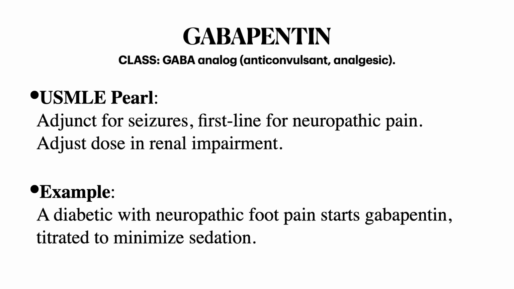The USMLE pearl for this drug is that we use it as an adjunct for seizures, and also as first line for neuropathic pain like trigeminal neuralgia, and we have to adjust the dose in renal impairment. The example case is a diabetic with neuropathic foot pain who starts gabapentin, titrated to minimize sedation, right?